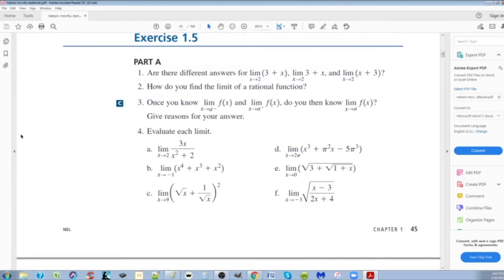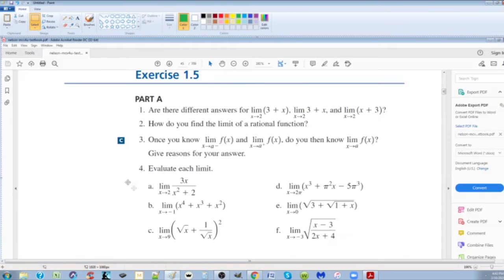Do I even want to bother answering this first section? This first section's pointless. The answer is yes. There's a difference. Is this a 2? 5, 5, and 5. So I would say these two are the same. For this one, yes, because you're only doing the limit as it approaches 3, and then you're adding x.